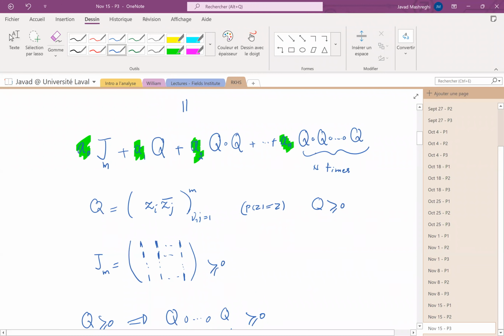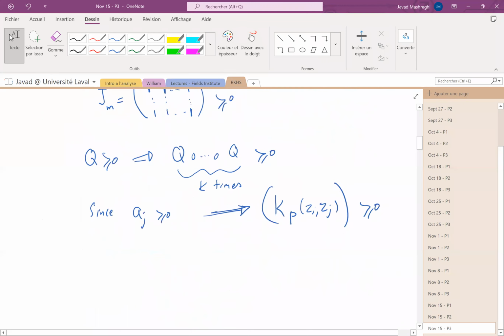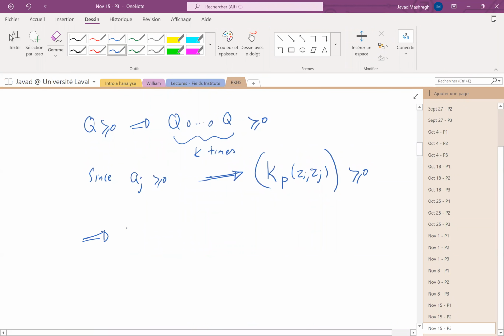So every matrix here is positive. The coefficients are also positive. And therefore, since the a_j are also positive, we conclude that K_P(z_i, z_j) is positive. And therefore, K_P is a kernel function.